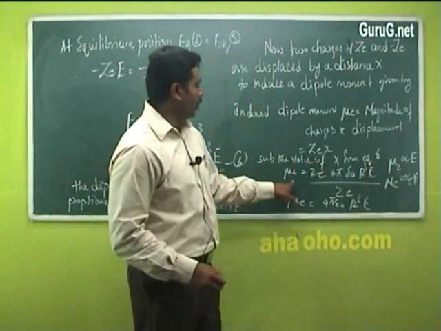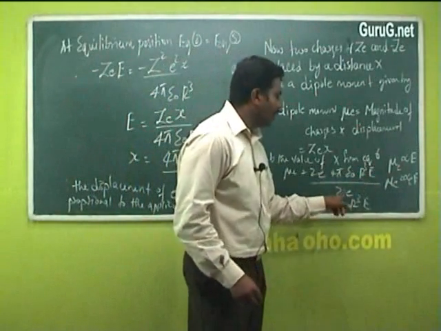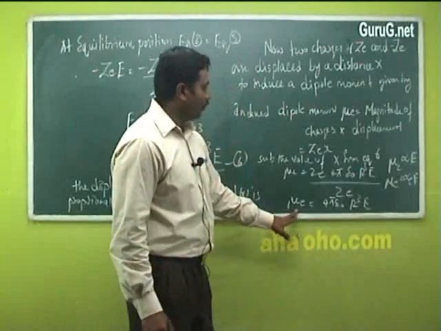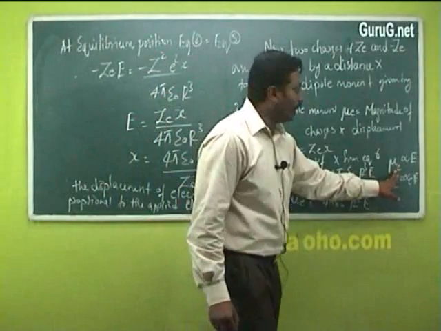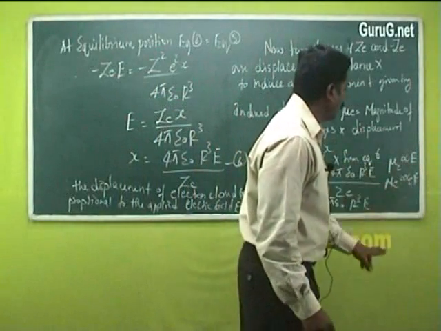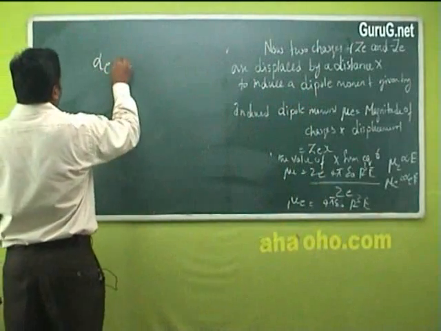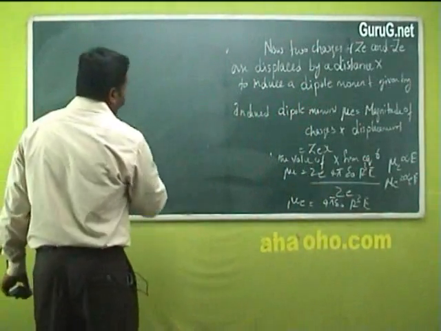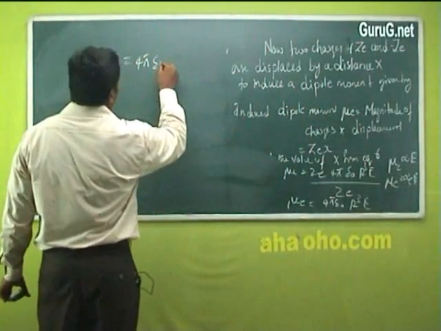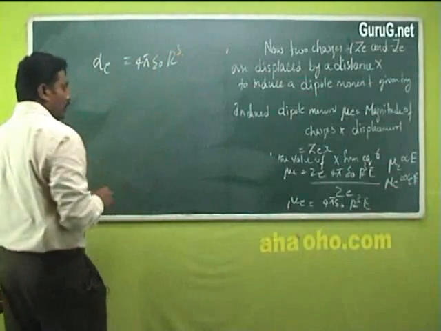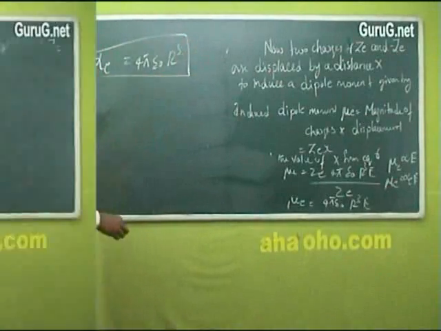Therefore, mu E is equal to ZE into 4 pi epsilon naught R cube E divided by ZE, so mu E is equal to 4 pi epsilon naught R cube E. Mu E is directly proportional to the applied electric field, or mu E is equal to alpha E into E. Alpha E is called the electronic polarizability, which is equal to 4 pi epsilon naught R cube.